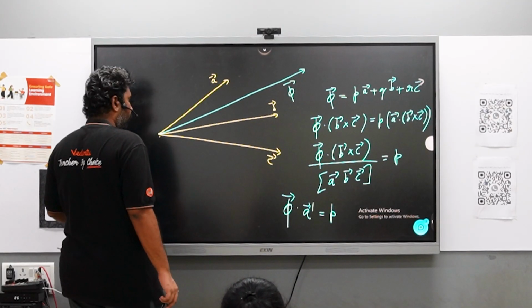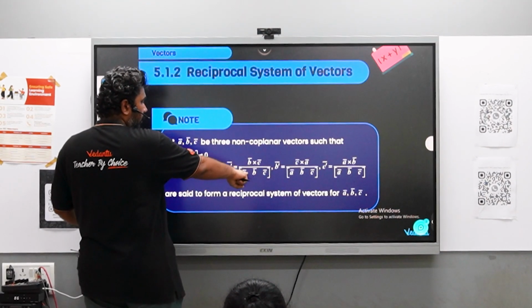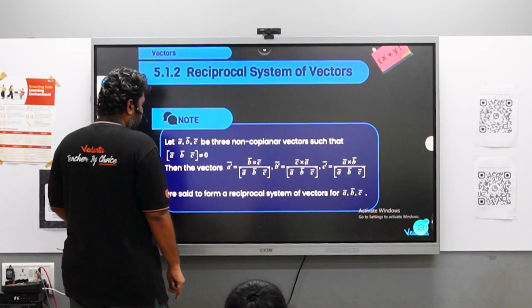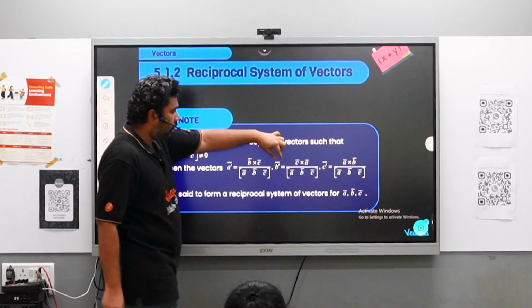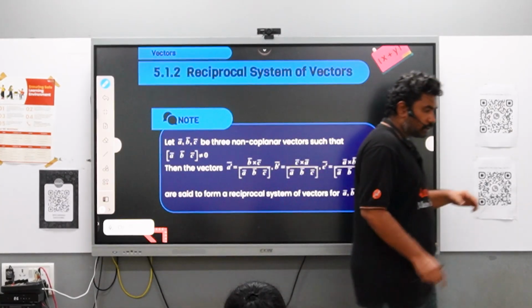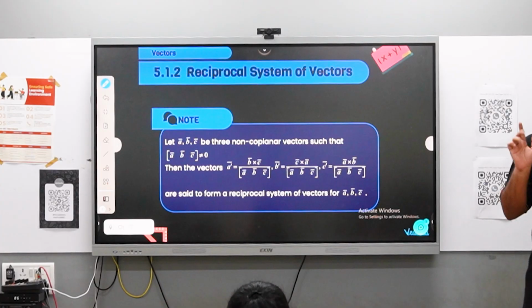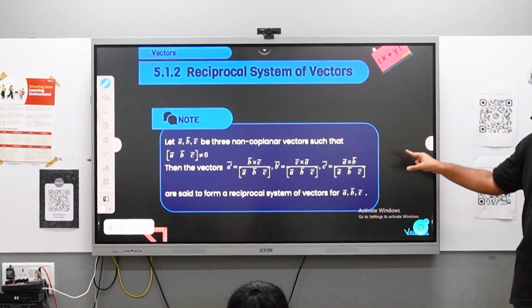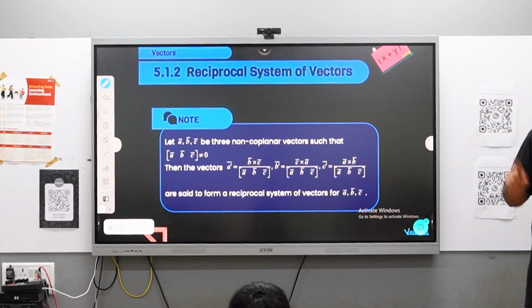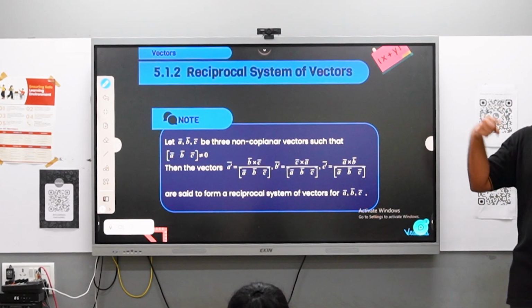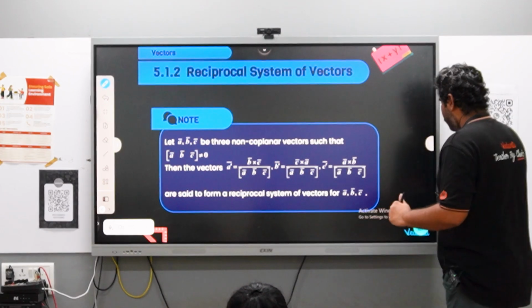So here A vector dash is B cross C by the box product ABC. Now this A vector dash, B vector dash, C vector dash is going to form a system like IJK, and it will also follow the rules of ijk. So this is called the reciprocal system of the vectors.